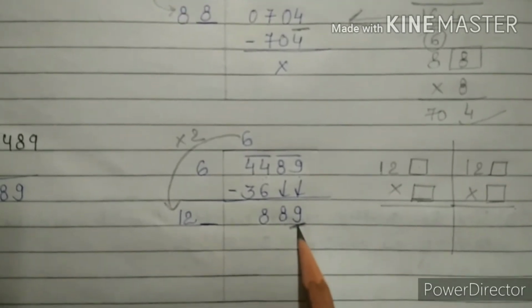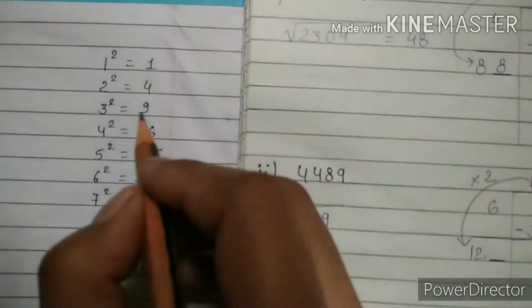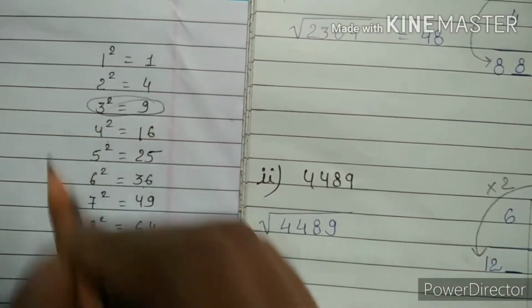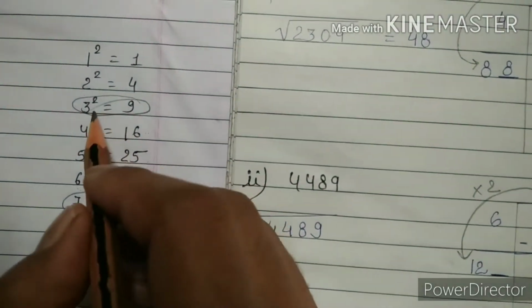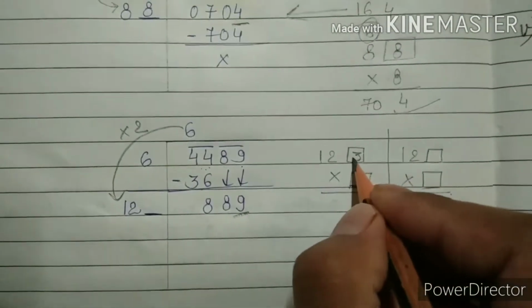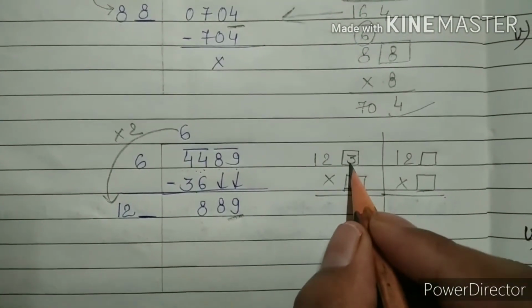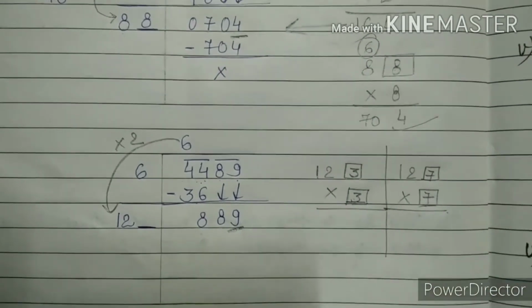Where can we find ones place as a 9? We can find ones place as a 9 in the square of 3 and the square of 7. So one time we will put 3 here. If here is 3, here also 3. If here is 7, here also 7 will come.